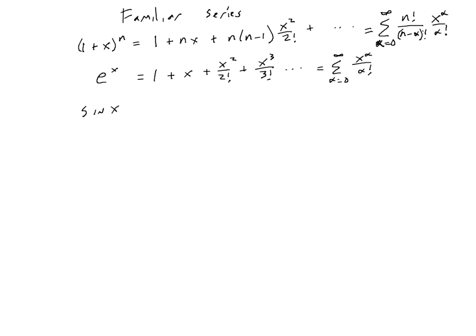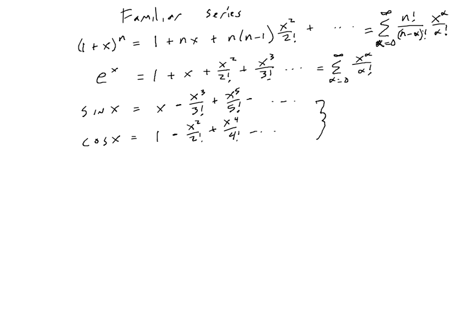And then the sine of x, which is just x minus x cubed over 3 factorial plus x to the 5th over 5 factorial minus, etc. If you look at cosine by comparison, it's 1 minus x squared over 2 factorial plus x to the 4th over 4 factorial, etc. Now here's the neat thing.